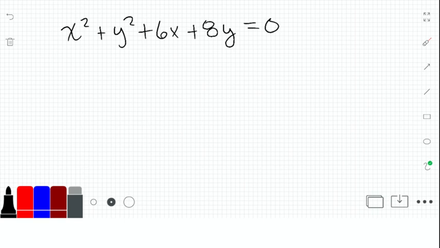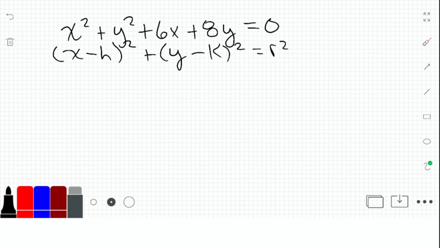And I need to write that in the standard form for a circle, which, this isn't about conics, but I'll just give that to you real quick. The standard form for a circle is (x minus h) squared plus (y minus k) squared equals r squared.